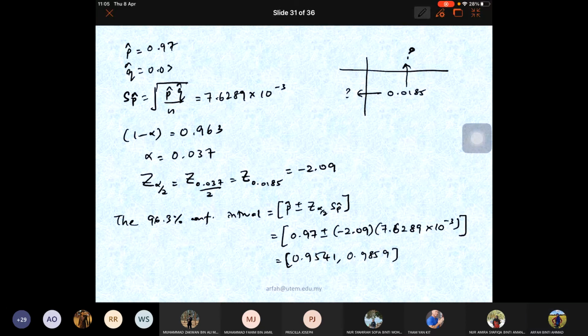Yap, betul. Jawapan Katie Rayson. Negative 2.09 and SP is as given.